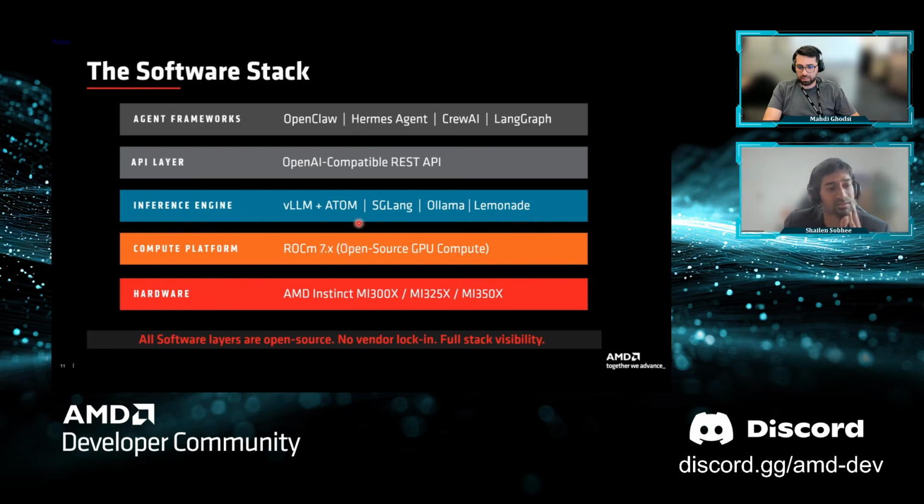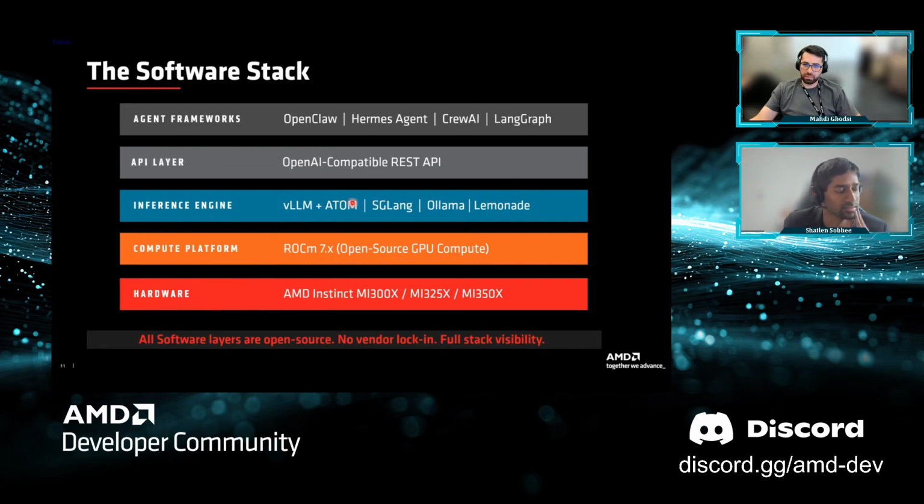Then very important, the inference engine. This is what exposes a model that you've picked to an agentic framework that is on top. So at this layer, you have multiple choices. vLLM is probably one of the most popular ones out there. There's SGLang, Ollama, Lemonade as well.